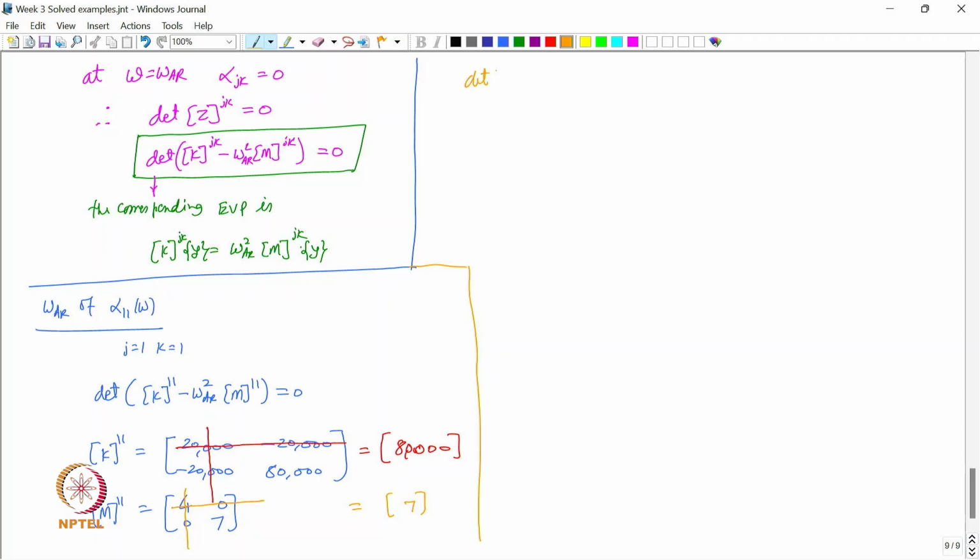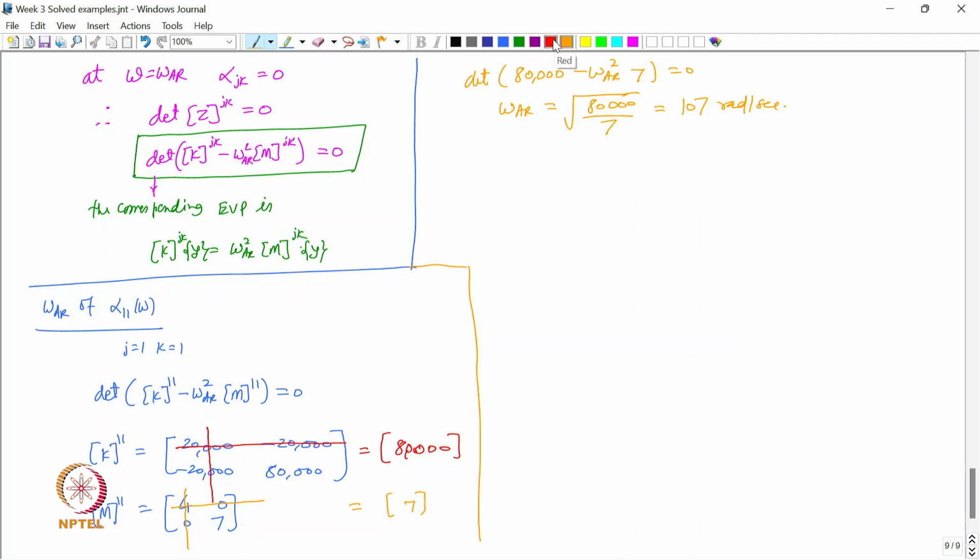So, determinant of K11, which is just a scalar, 80,000 minus omega AR square M11, which is 7, is equal to 0. So, essentially we get omega AR equal to root of 80,000 divided by 7, which gives me a value of 107 radians per second. So, in this way we get the antiresonance frequency for the FRF alpha 11.